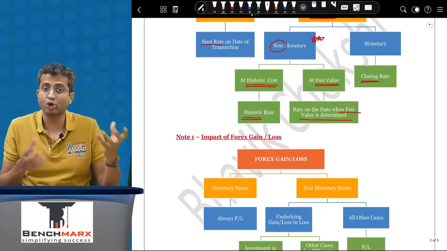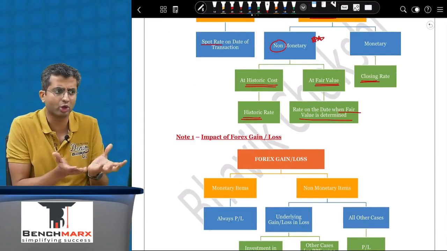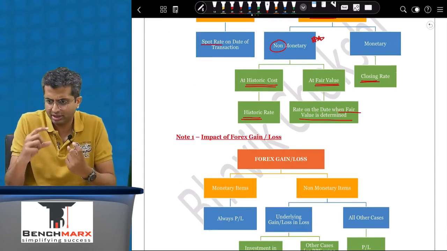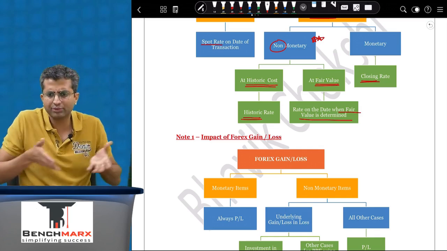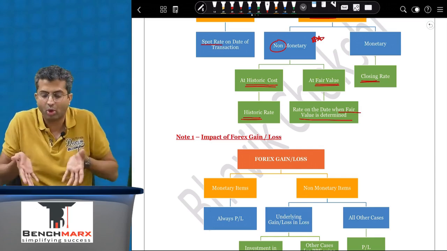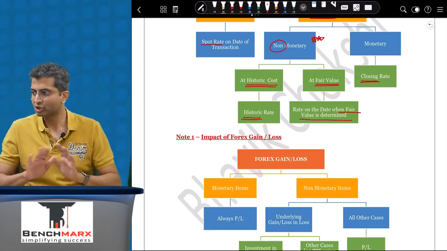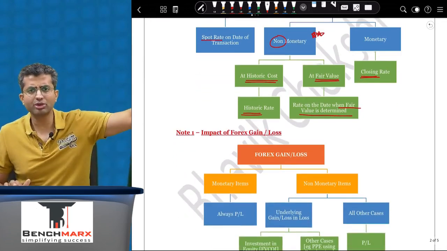In a similar way, for non-monetary items, a gain or loss cannot be reliably determined if they are kept at historical cost, because the value in the balance sheet does not show the value that you are going to get. Then the exchange rate should also be the rate as on the historical date. If you take 31st March exchange rate, you are calculating the gain or loss based on $100, whereas on 31st March, you are not even sure whether contractually you are going to get $100. So you avoid that calculation. This is the logic. Okay, so this is conversion principles.